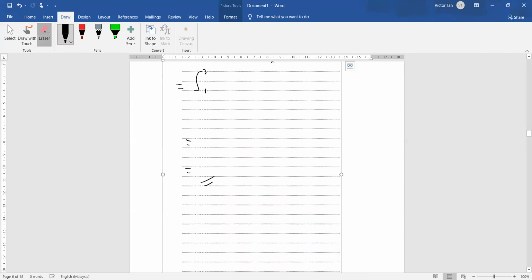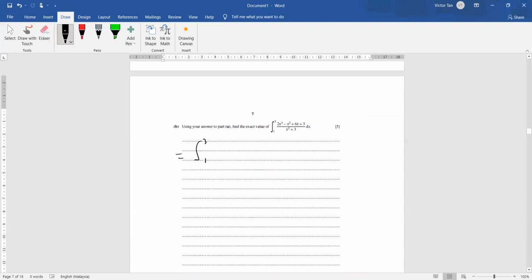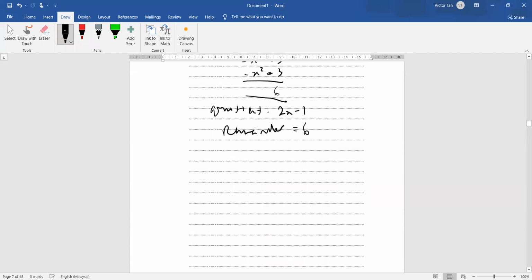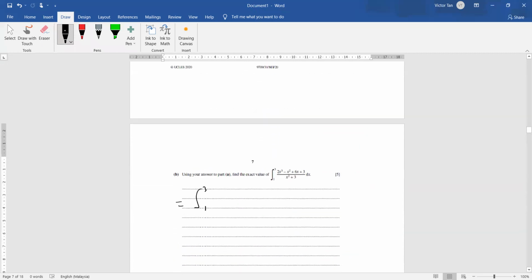The question does not allow you to use your calculator. So it's quotient, the quotient is 2x minus 1, plus remainder, which is 6 over your divisor.